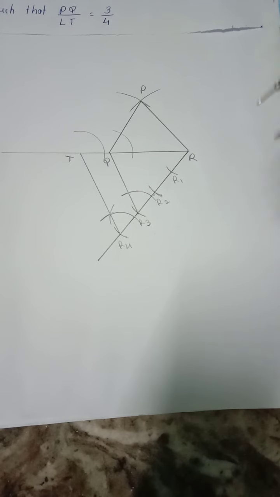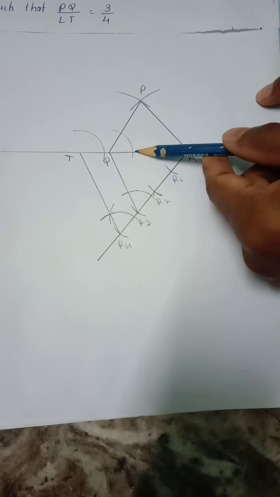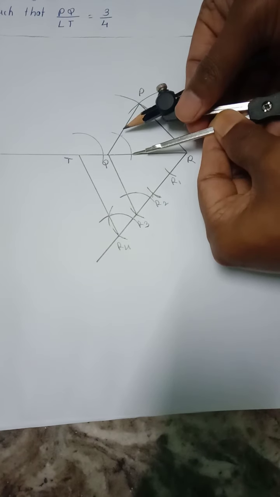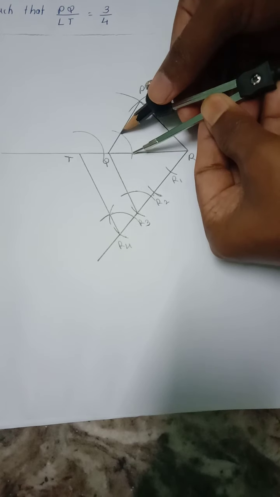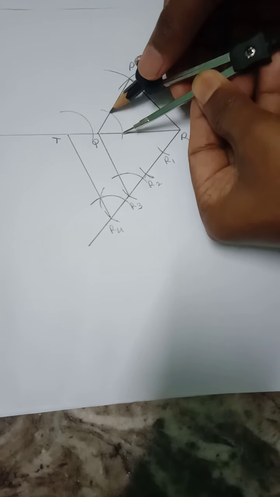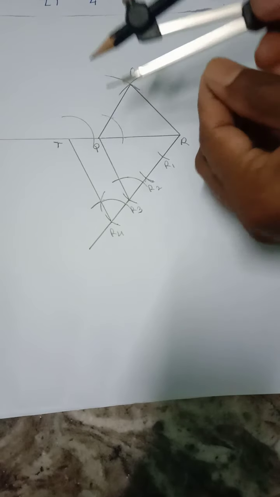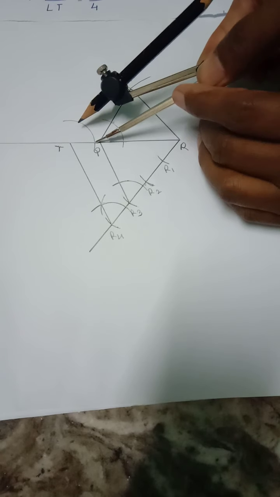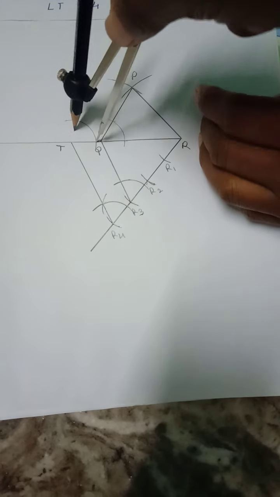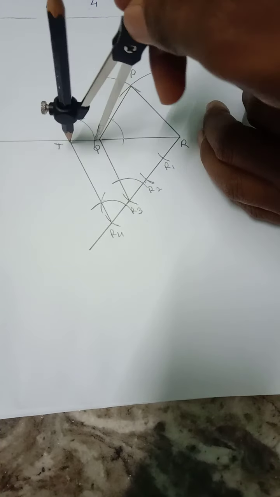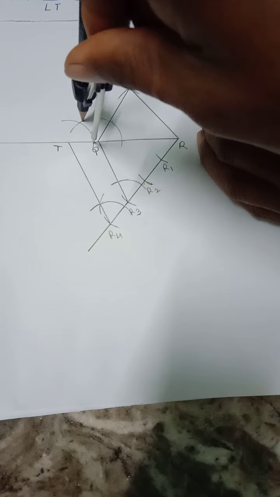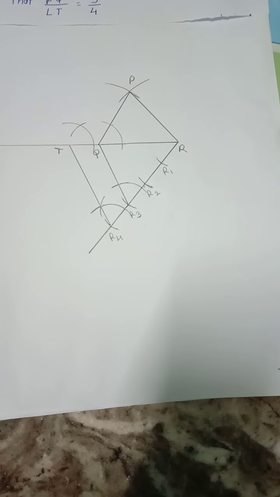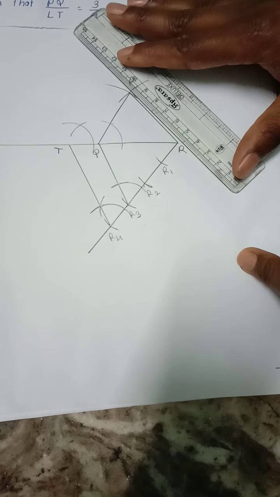Okay. Now measure this distance from this to this in a compass and draw the arc from this point. It is not Q, it is a different point. Okay. Then we will extend the line PR.